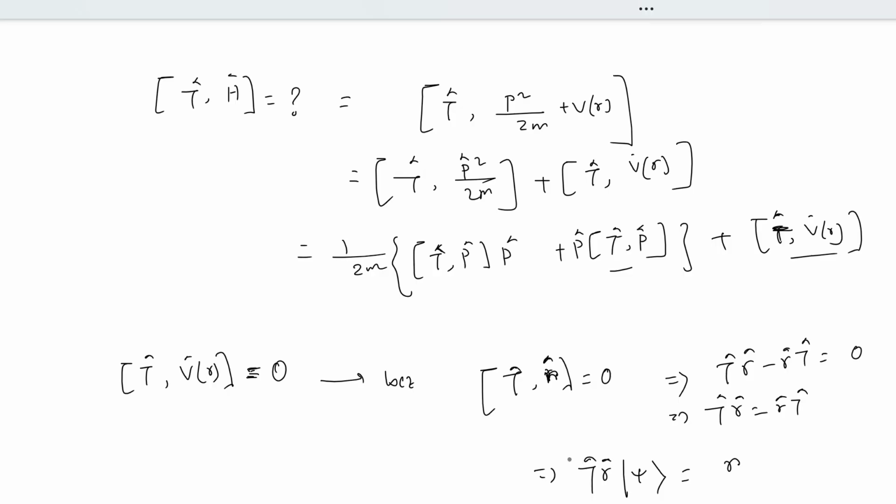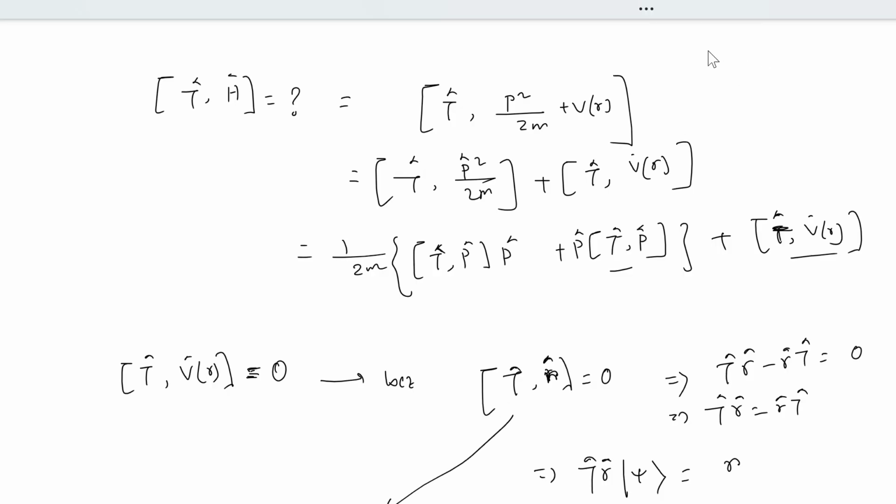First of all, what is the commutator of T and V of r? I am saying that this will be 0. Why? Because you already saw that under time reversal operation, the position operator does not change anyhow. So the position remains unchanged. That means the commutation of T and r will be equal to 0. How can we say that?